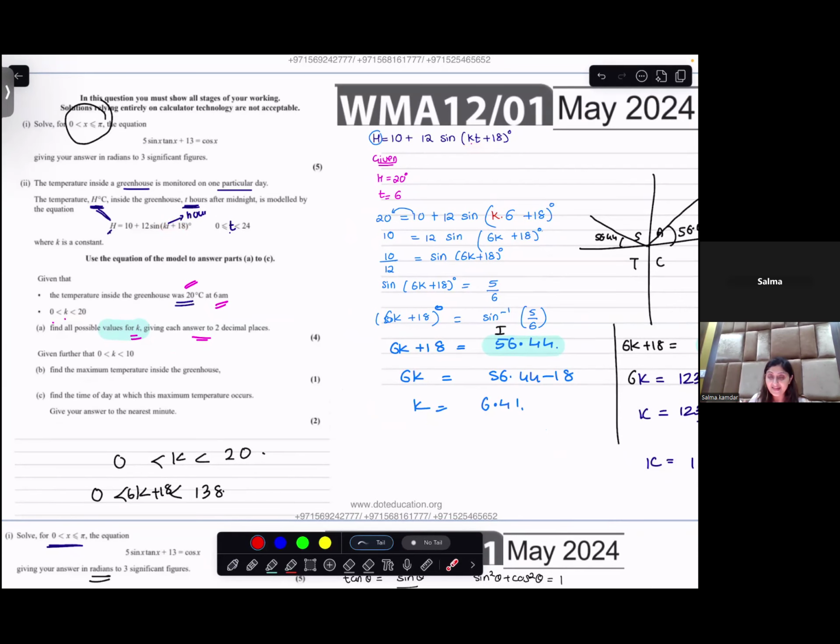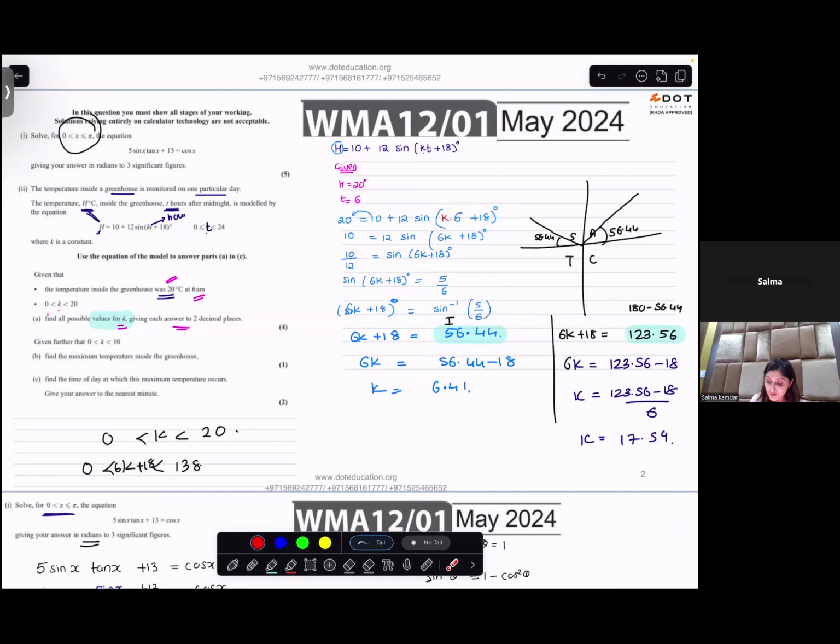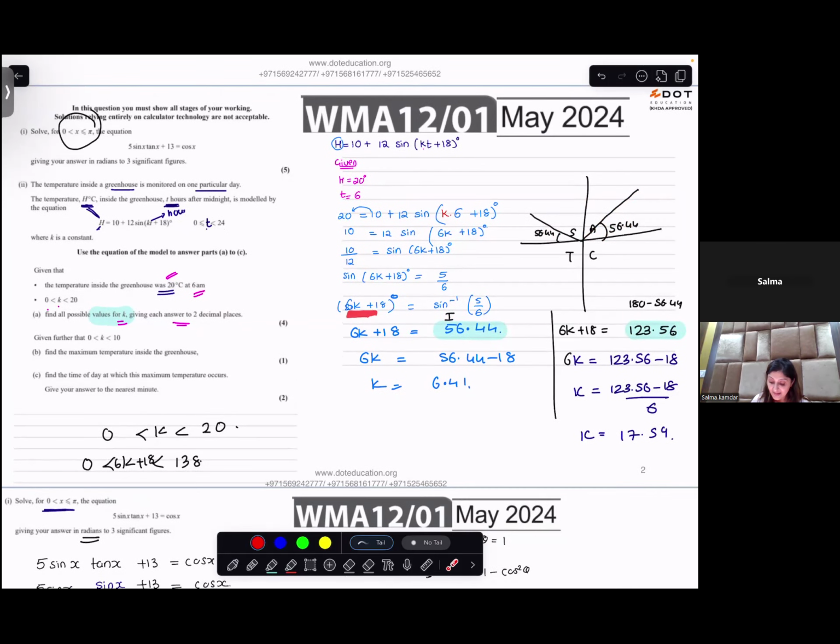So before finding the value of k, I will have to do the CAST, plot the principal angles, then change the range and get my other value within the range. So I got two values within the range, which was 56.44 and 123.56. For this, then I would go and find the values of k.